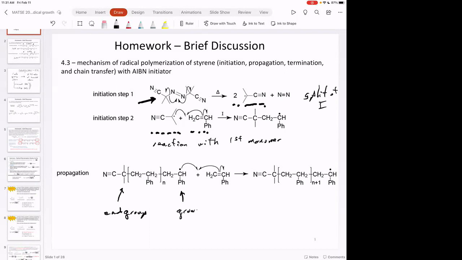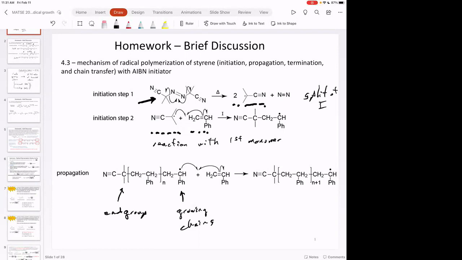So growing chains will always look like this: there's some end group that the initiator started, and then there's a radical that's ready to keep propagating, or something else is going to happen to it. You want to know what a growing chain looks like, because you want the radical in the right place, right?